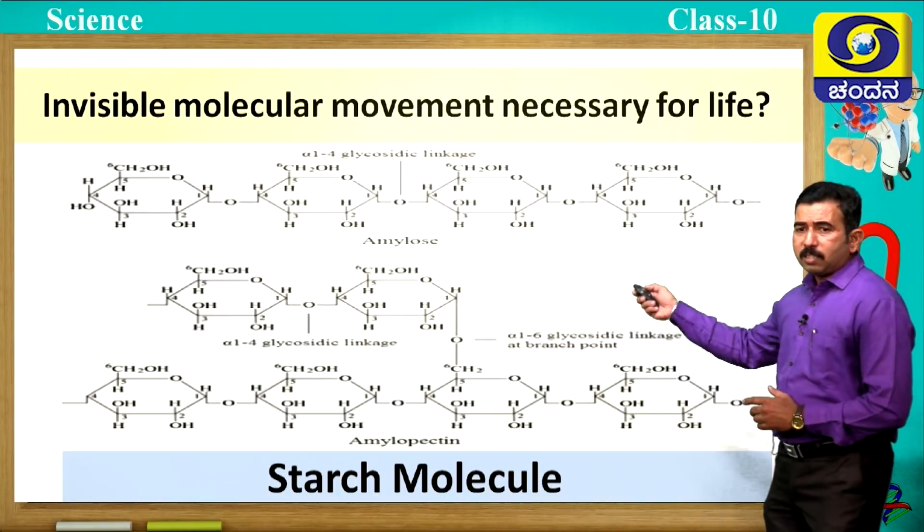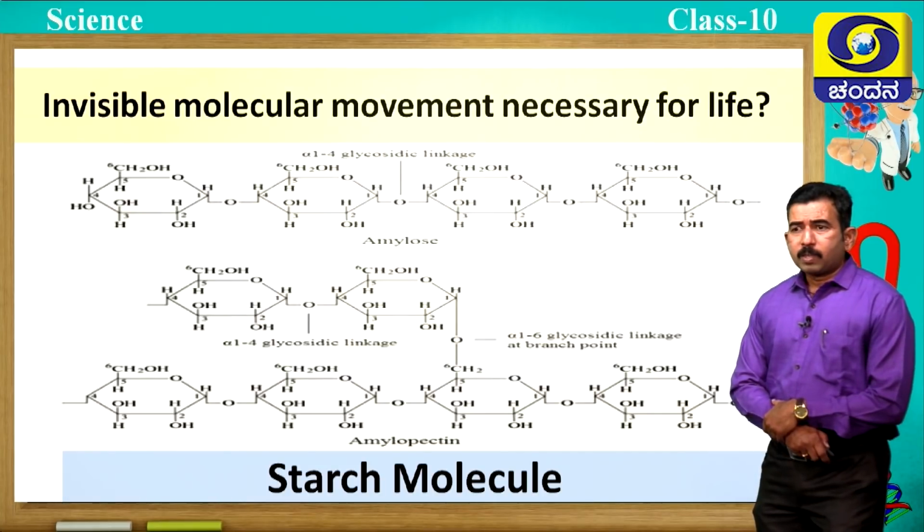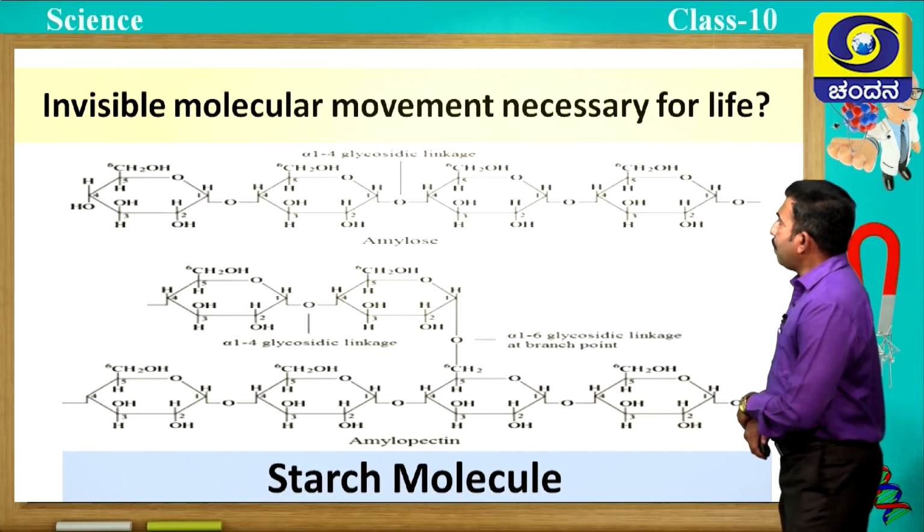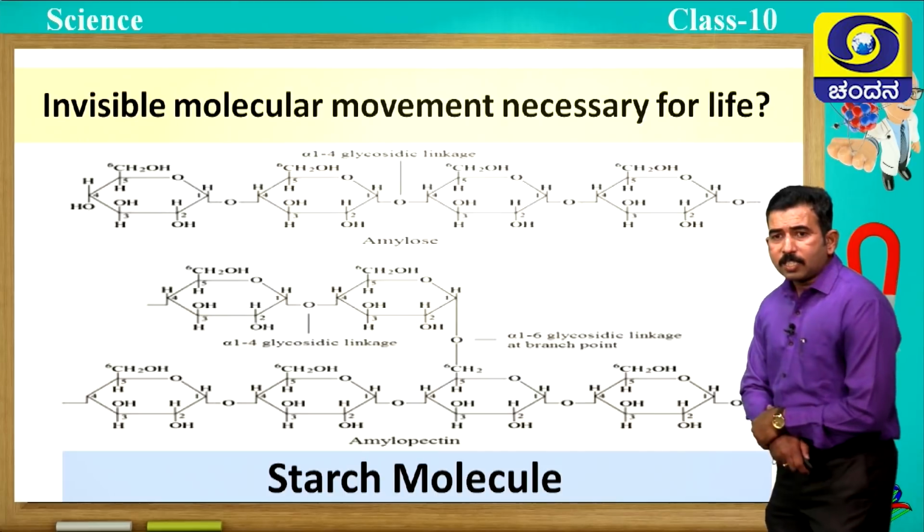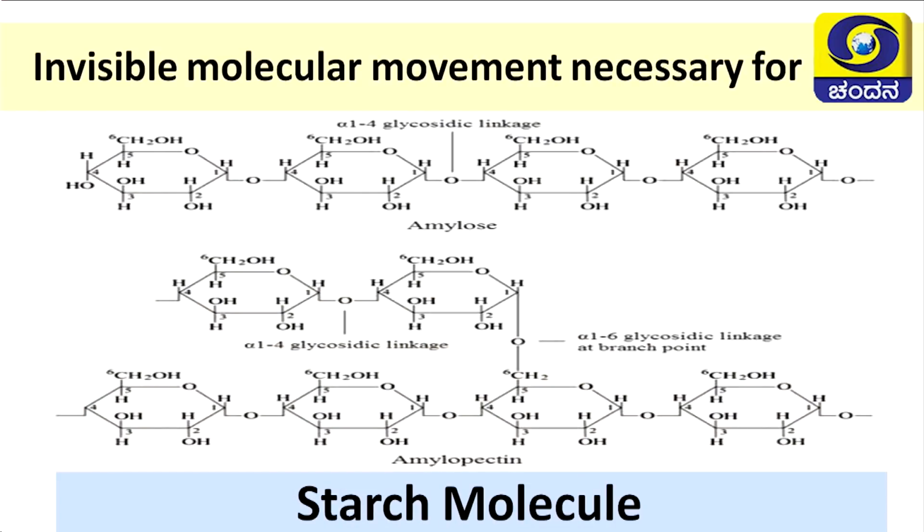Okay, observe this slide, students. In this slide, you can see the chemical structure of starch. This starch is a polysaccharide which consists of a number of glucose subunits. And you have studied that plants prepare glucose in the presence of sunlight, and these glucose subunits join with each other to form a starch molecule.